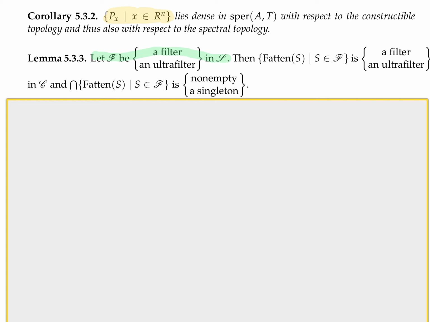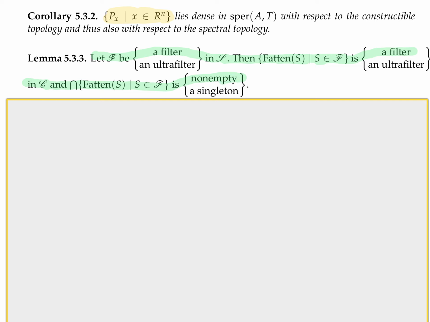Then I can take all elements of the filter and look at their fattenings. And if I collect all these fattenings, that's again a filter, but this time in the Boolean algebra of constructible subsets of the real spectrum of AT. And if I intersect all the sets in this new filter, then I get a non-empty set.